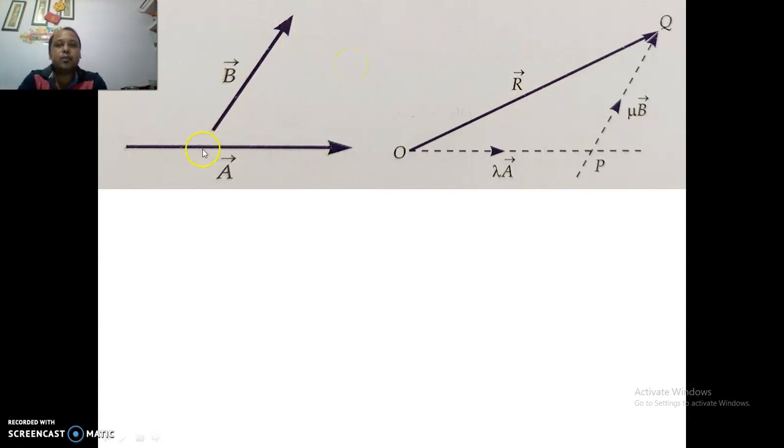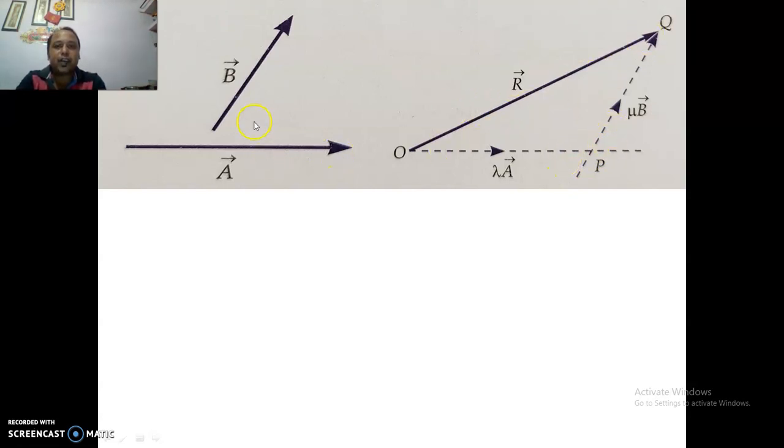So what we do is we draw a line OP which is parallel to vector a, and we draw another line QP which is parallel to vector b, and these two lines meet at the point P so that it forms a triangle.